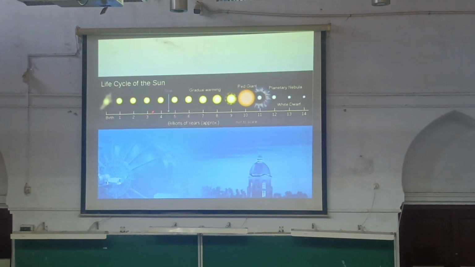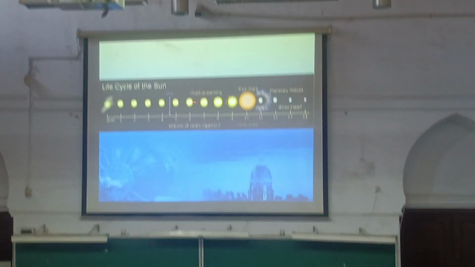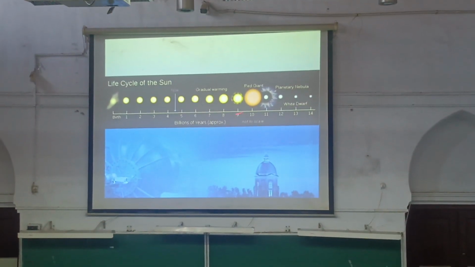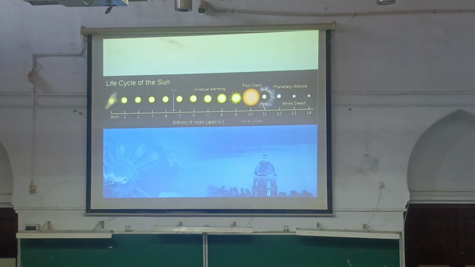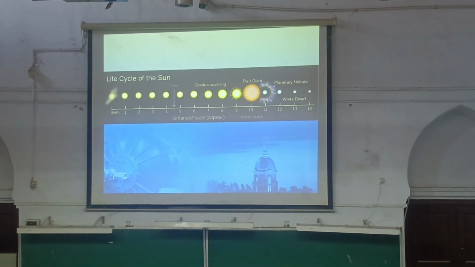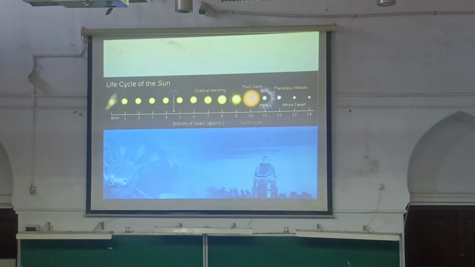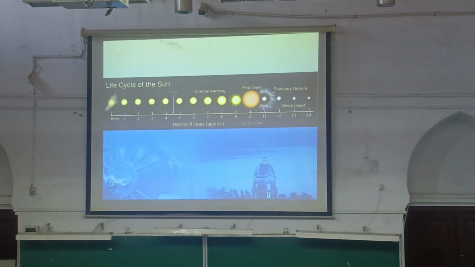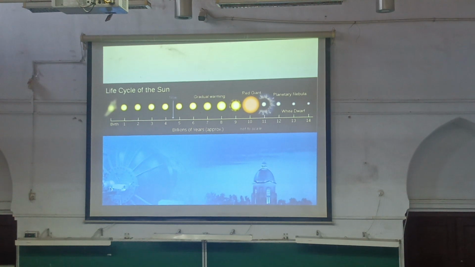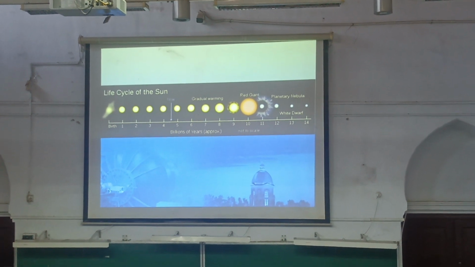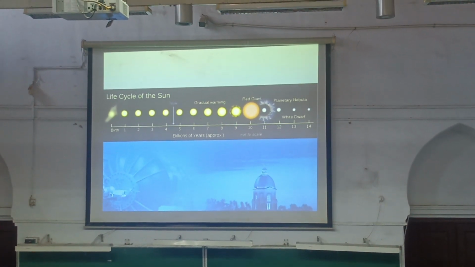Slowly it will start warming up a little bit more and will start gaining in size. In another 5 billion years it will become what is called a red giant. It will be big enough to cover Mercury. Of course, we'll be dead by then.